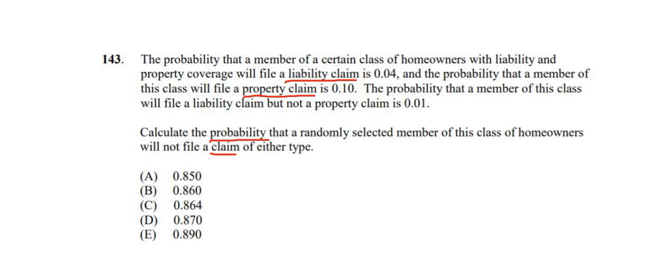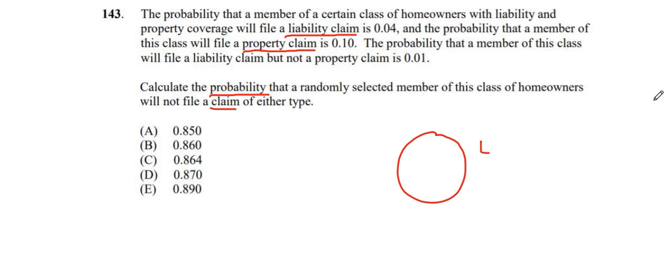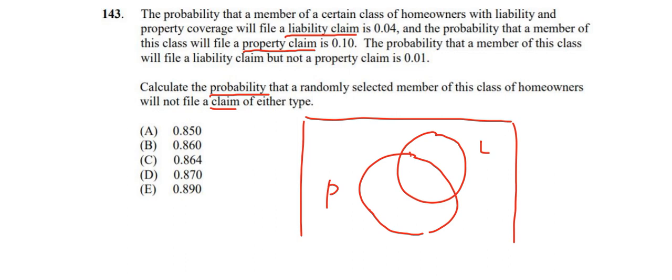So here we use a Venn diagram. Suppose this is L, liability, and this one is property, and outside is none of them. We draw this Venn diagram, then put the probability here.